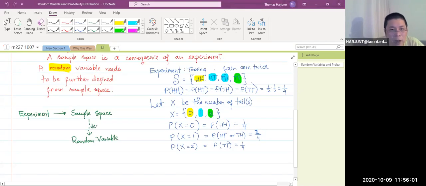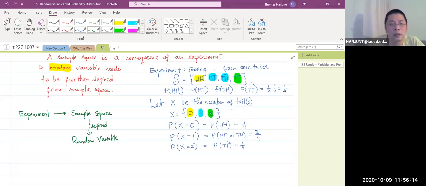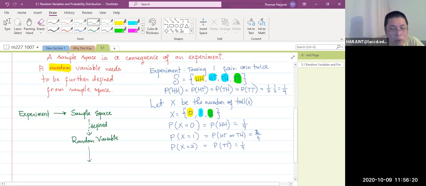You need to define it first. You need to know what you are actually looking for: the number of tails, the number of heads, okay? And then from that random variable, later on you will come up with, as a direct consequence, something called probability distribution.